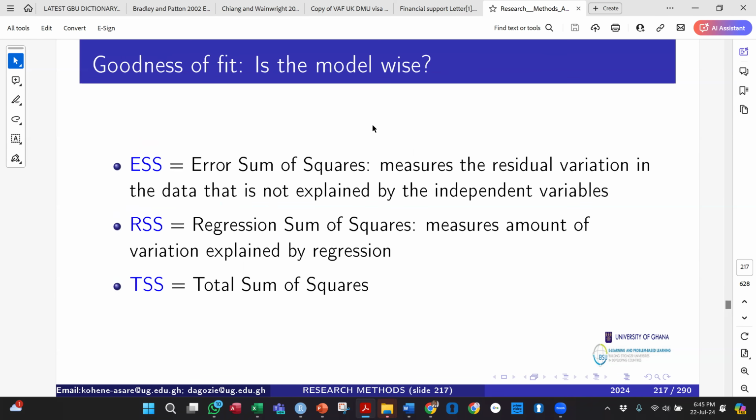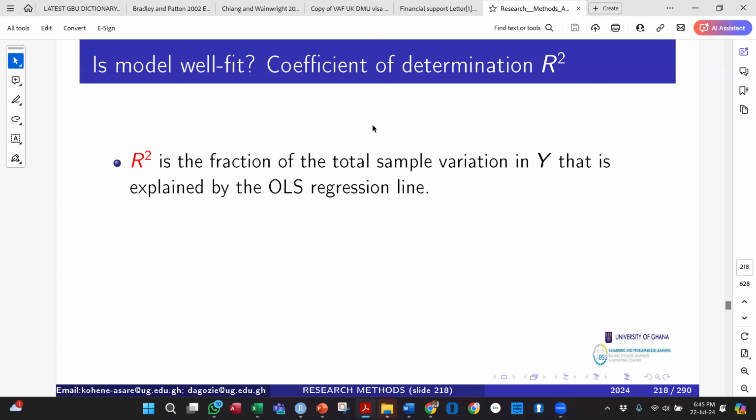The first question is about the coefficient of determination. Write it down. Is a regression model reliable or well fit?